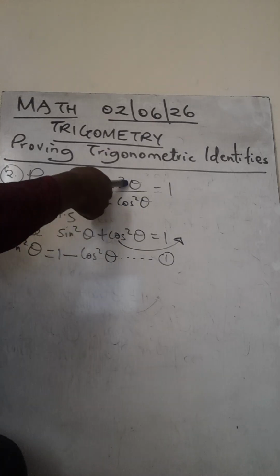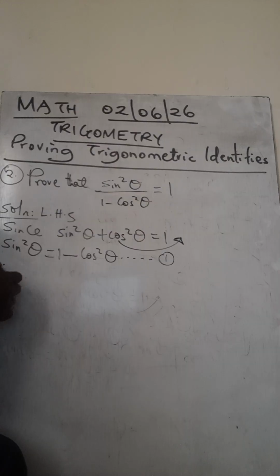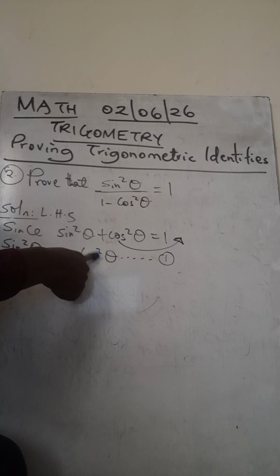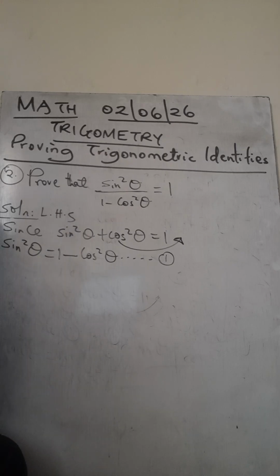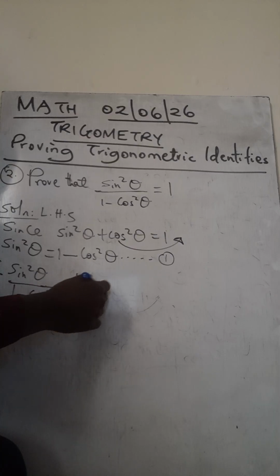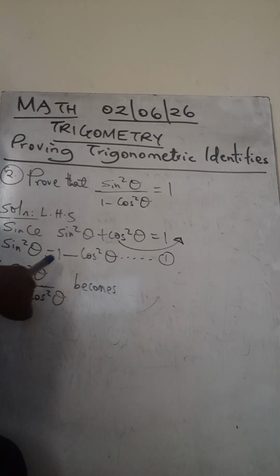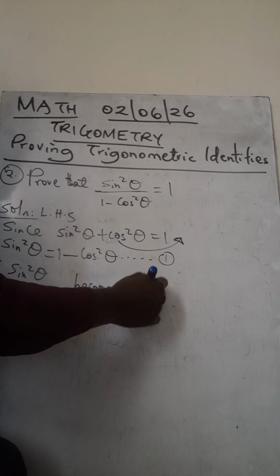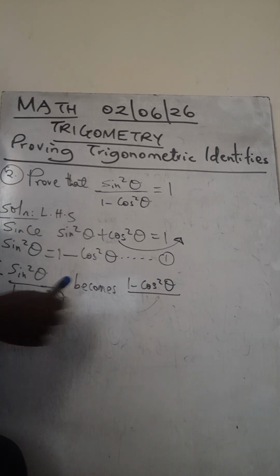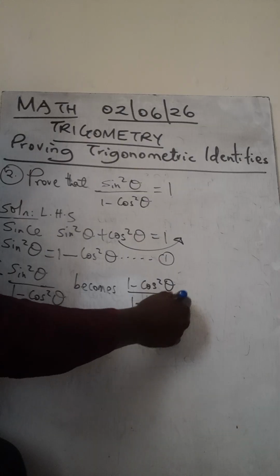Therefore, instead of writing sine squared of theta, I'm going to write 1 minus cos squared of theta. Sine squared of theta over 1 minus cos squared of theta becomes 1 minus cos squared of theta over 1 minus cos squared of theta.